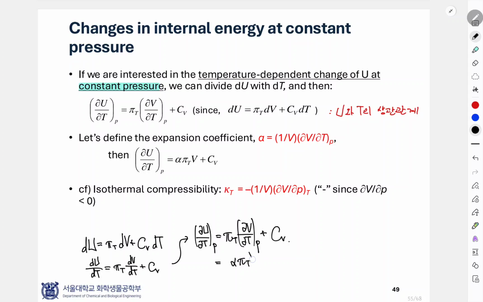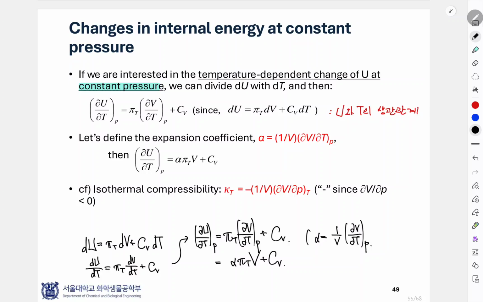And this equation expresses the dependence of the internal energy on the temperature at constant pressure in terms of heat capacity, which can be determined in an experiment, and in terms of alpha, which can also be measured in an experiment, and finally in terms of the internal pressure.